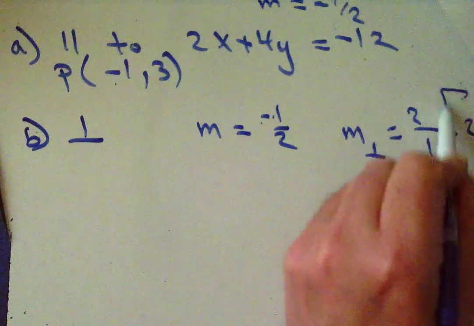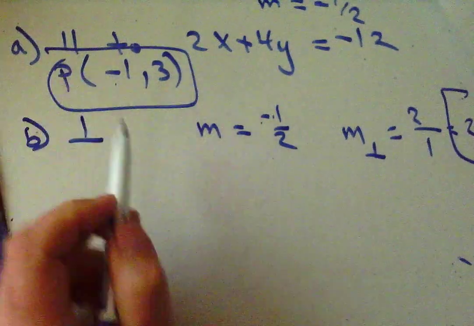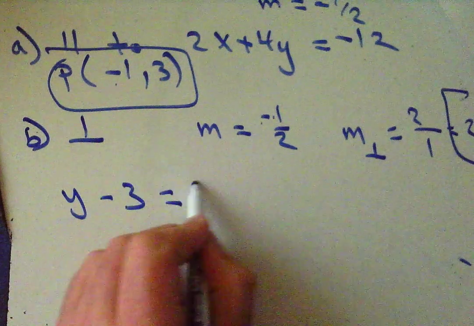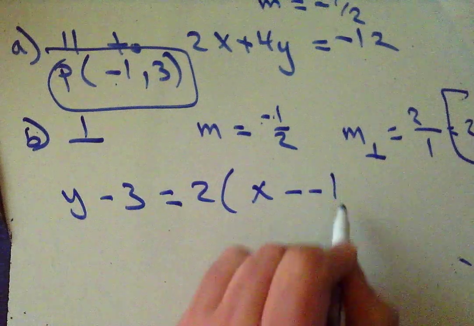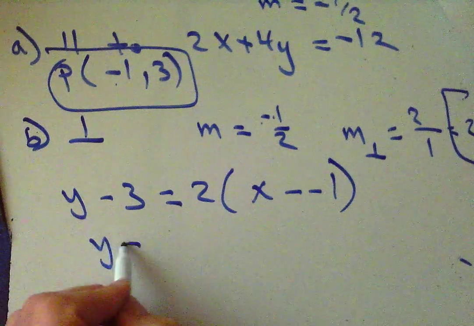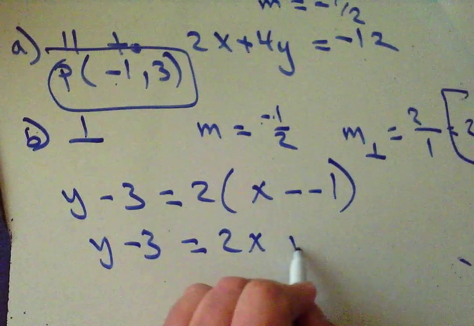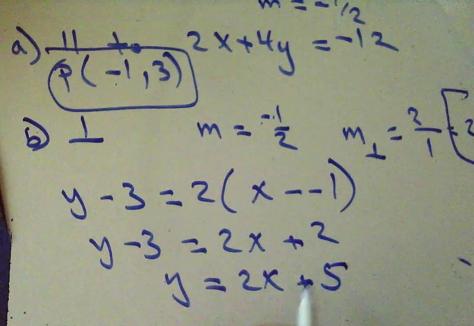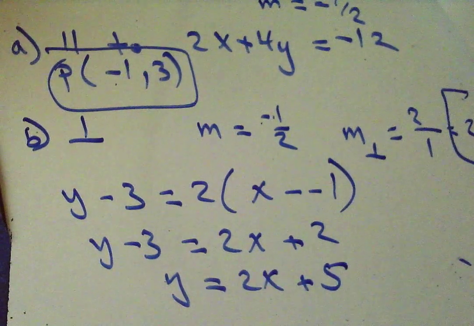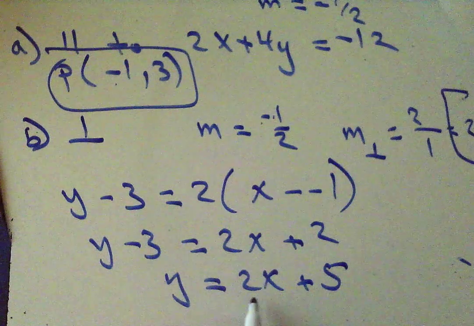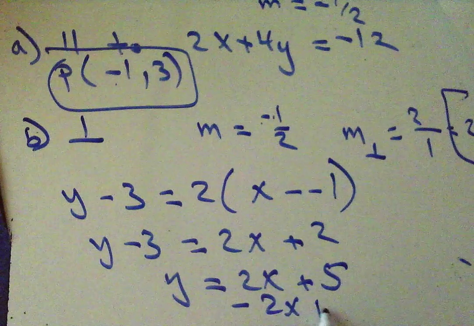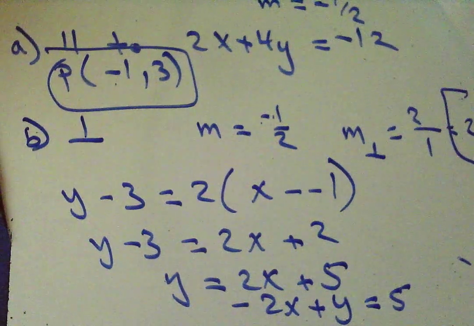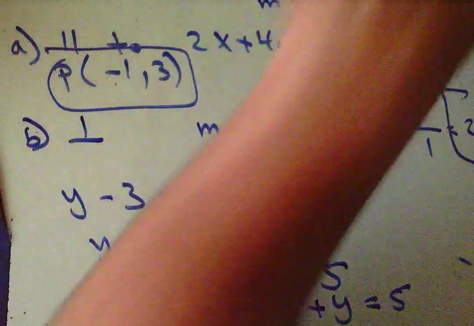So I'm going to use this slope and this point to write the equation of the line. y minus 3 equals 2 times x minus negative 1. y minus 3 equals 2x plus 2, or y equals 2x plus 5. All right, there's slope-intercept form, and if you want, or you're asked, negative 2x plus y equals 5 would be standard form.